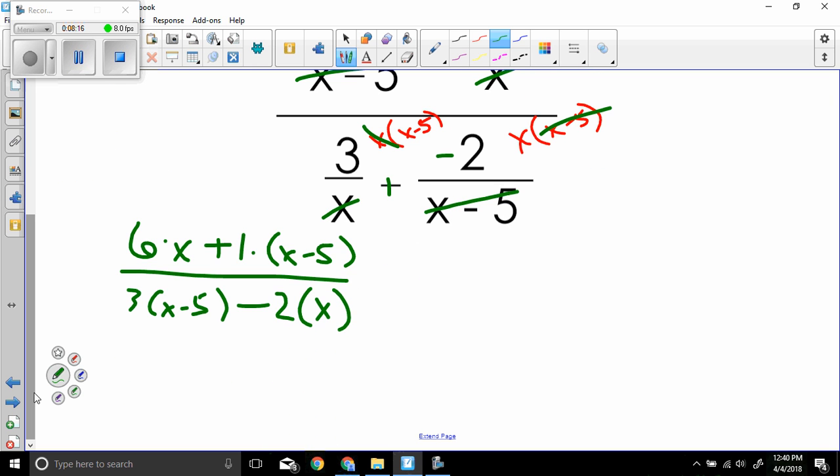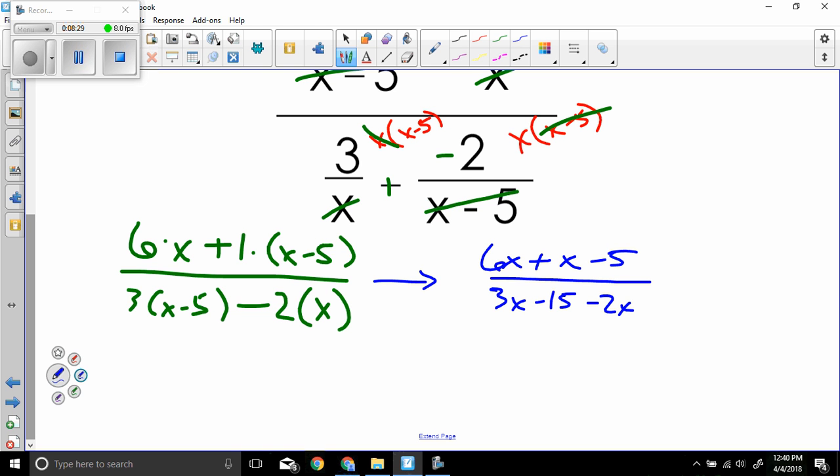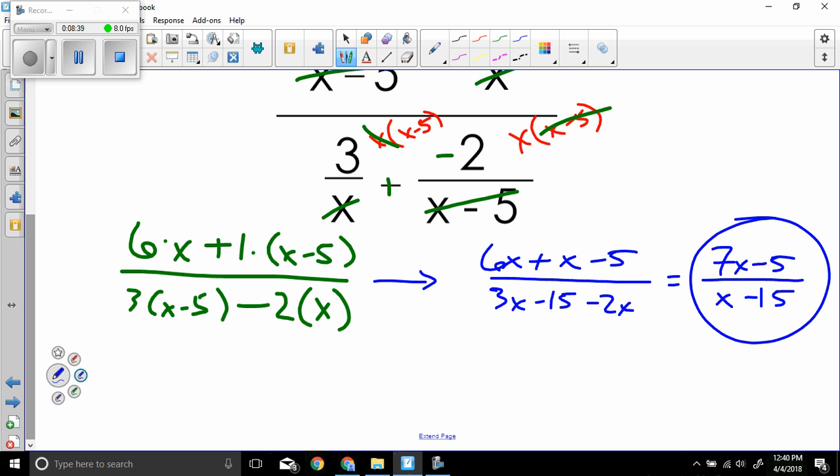All right, if I work this out, I think the top becomes 6x plus x minus 5 divided by 3x minus 15 minus 2x, which would be 7x minus 5 all over x minus 3. The top doesn't factor, the bottom doesn't factor. This is my final answer.